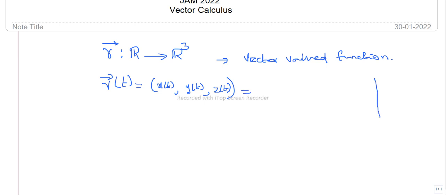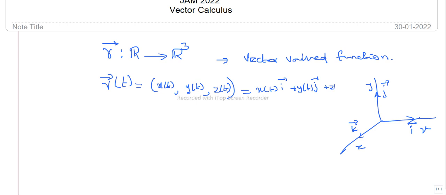In the 3-dimensional space, this is the x-axis, y-axis and z-axis, with i vector, j vector, k vector. So this can be written as x of t times i vector plus y of t times j vector plus z of t times k vector.